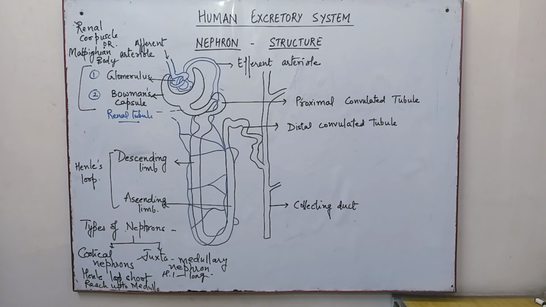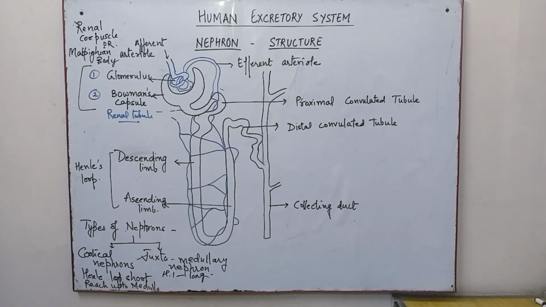Now, when we talk of the vasa recta, it actually helps in the reabsorption and secretion between the blood and the inner lumen or the cavity of the nephron. When we talk of the vasa recta function, they help in passing the blood into the renal vein. So after the filtration, they help in passing the blood into the renal vein.